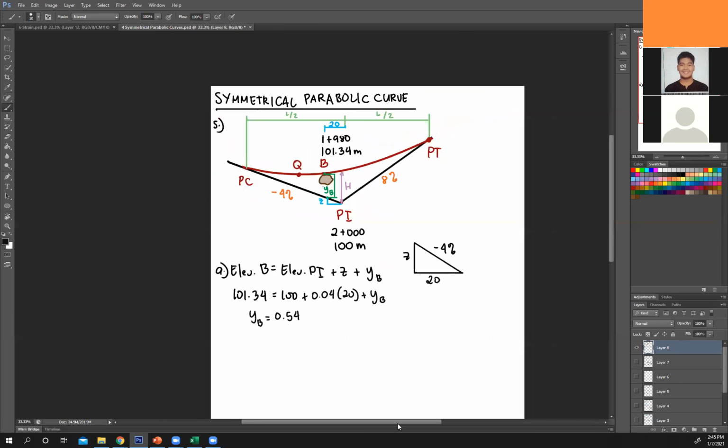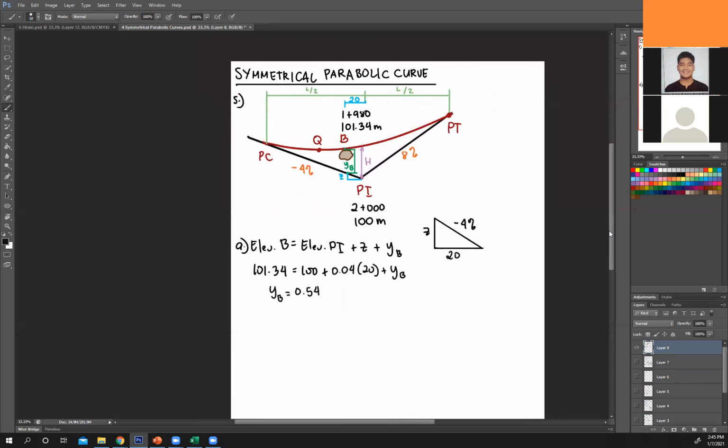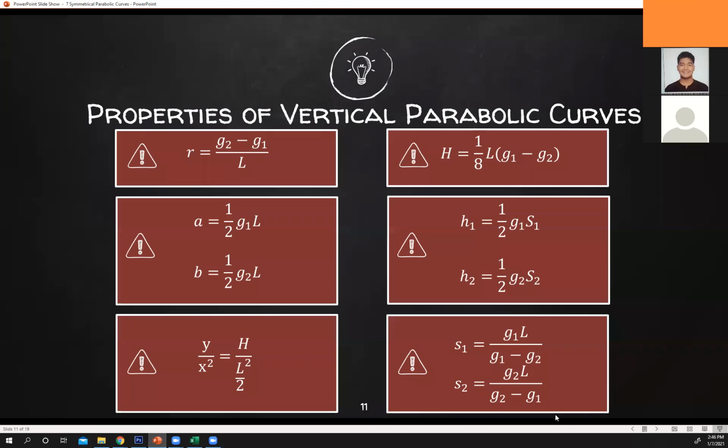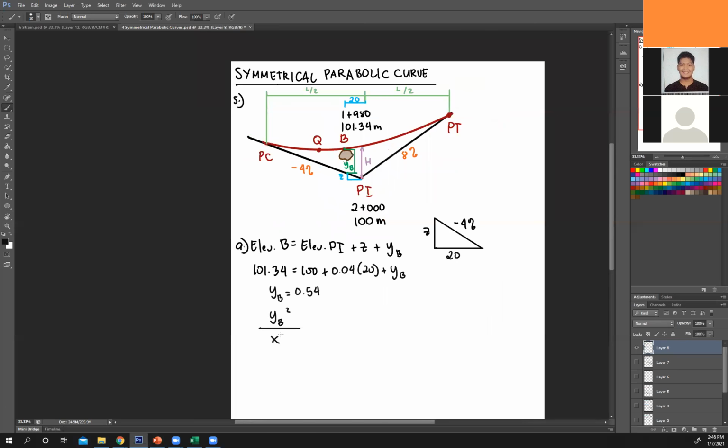Again, let's zoom out. What will I do with that? 0.54, that's an offset. Again, we're going to use this equation. Y squared, in this case YB squared, over x squared, equals H squared over L over 2 squared.